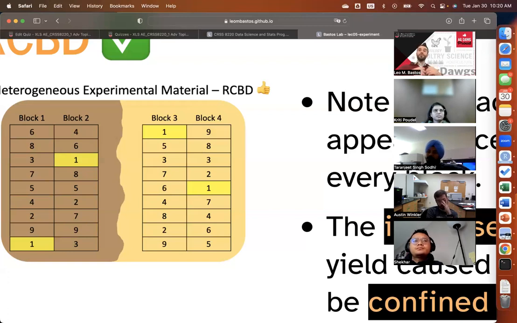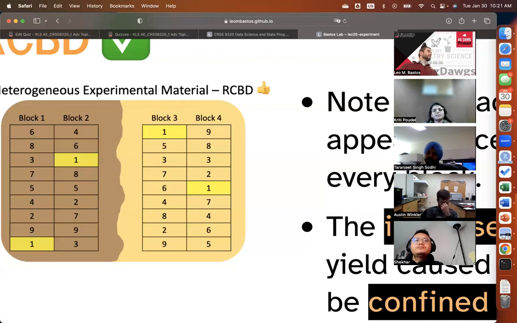If you're doing what we're showing here, you cannot make that test. Meaning that if your blocking factor, soil type in this case, does interact with your treatment, we cannot test that to see if it's significant. So that effect is going to be compounded inside of a treatment effect.